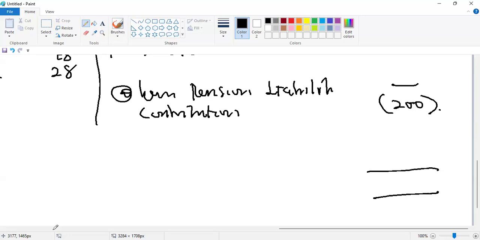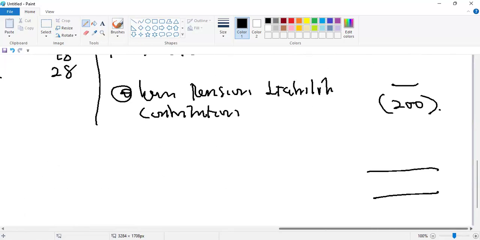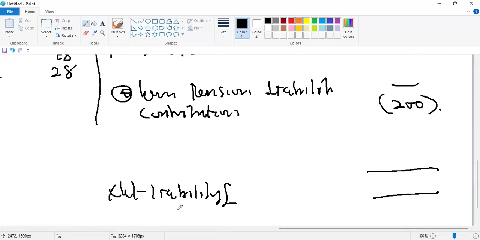So my net liability is 253.6 minus 241.6.